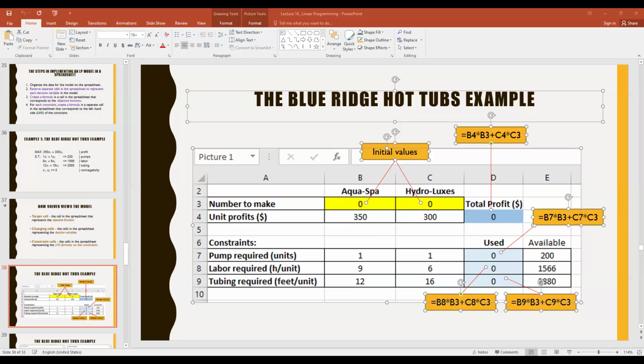This is the total profit. Now it's 0 because we produce 0 x1. We can see the Excel in Zoom.